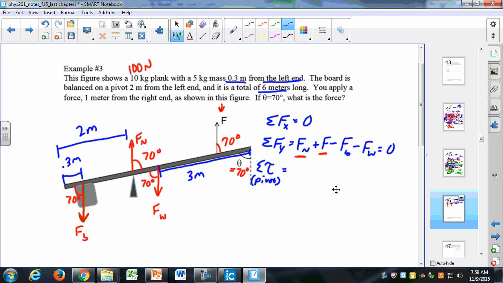I have F times the distance, which is going to be, do I know that distance? It is 1 meter from the right end? Okay, so this distance is 1 meter. Let's see, so that means this distance is 2 meters.